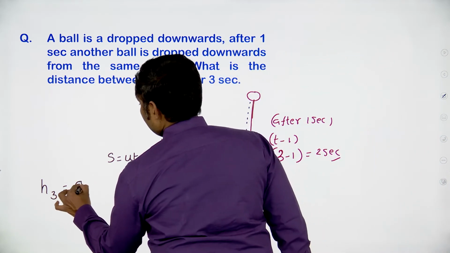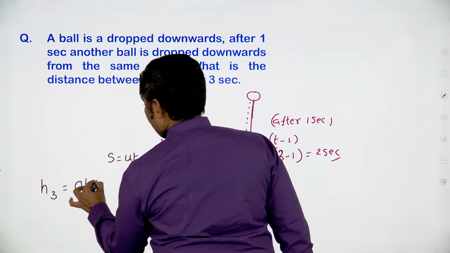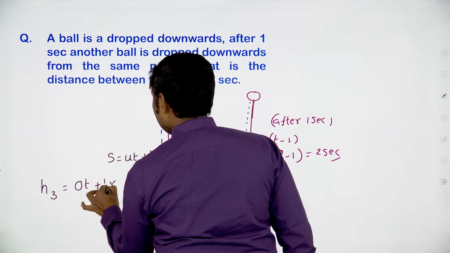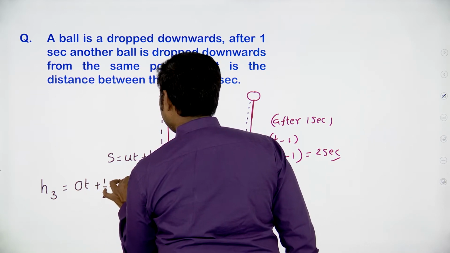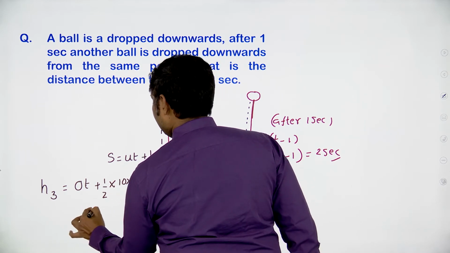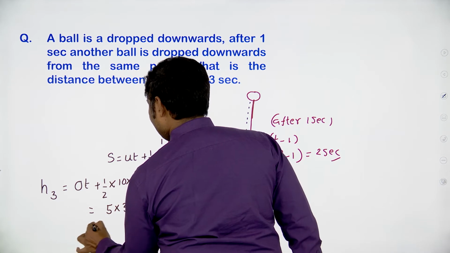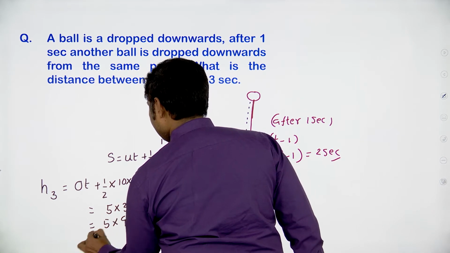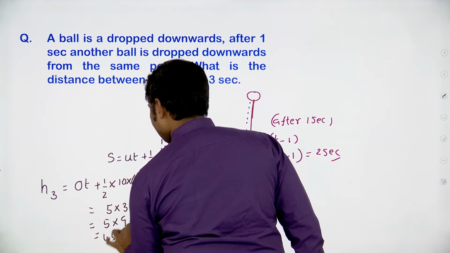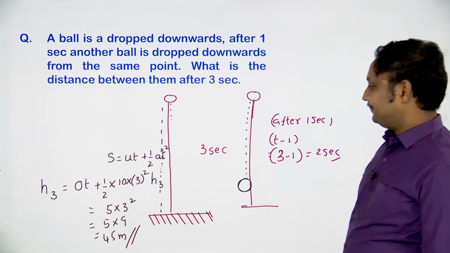That is 0 into t plus 1 by 2 into 10 into 3 square. That is 5 into 3 square, that is 5 into 9, 45 meter. All right, it's very clear.